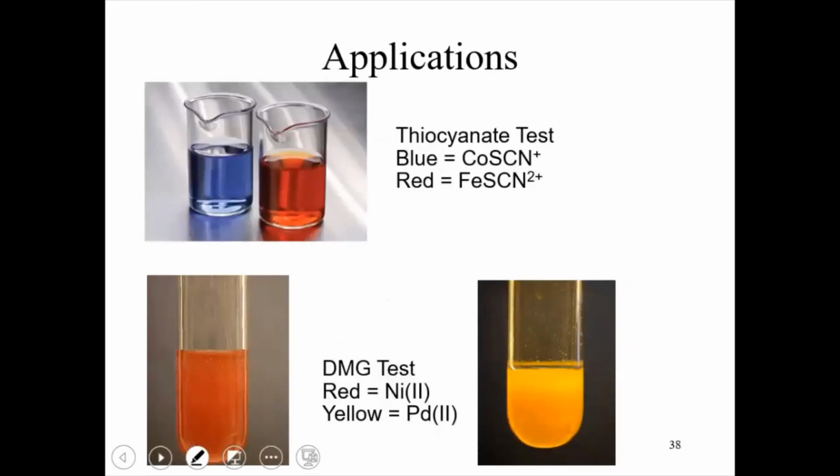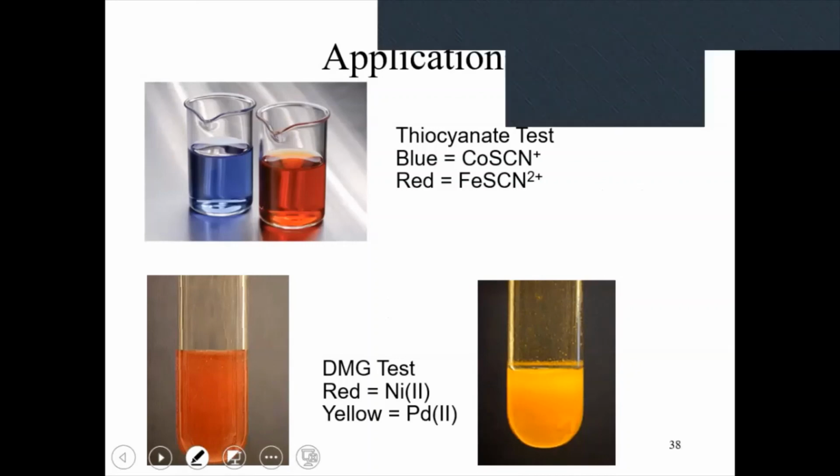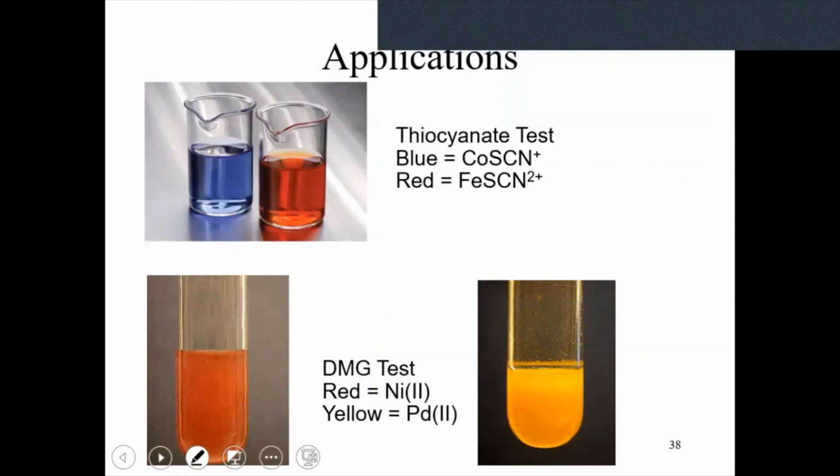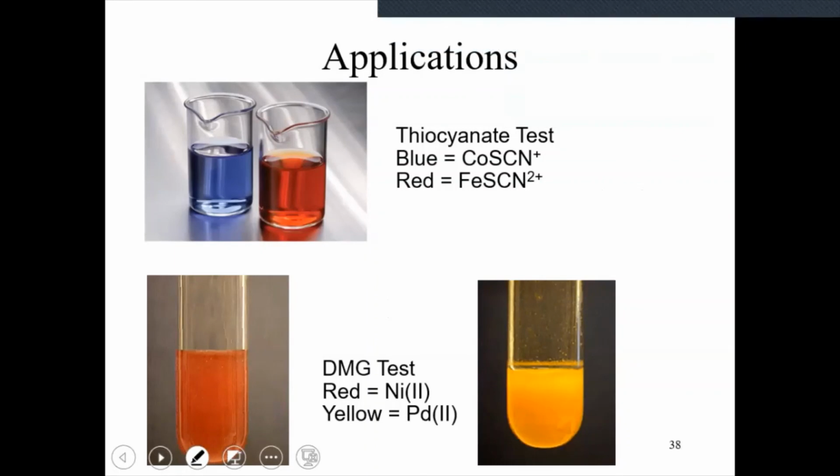As you can see here on the bottom, nickel 2 will form a red complex with DMG, whereas palladium 2 ions will form a yellow complex. And of course, on the top, you have our famous SCN complex. The iron 3 SCN complex gives that red color, right? And if you do it with cobalt, you're going to get a blue color, all right?